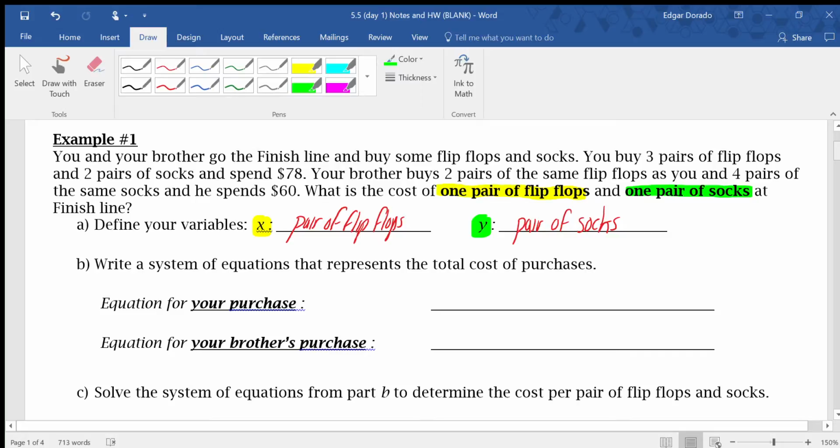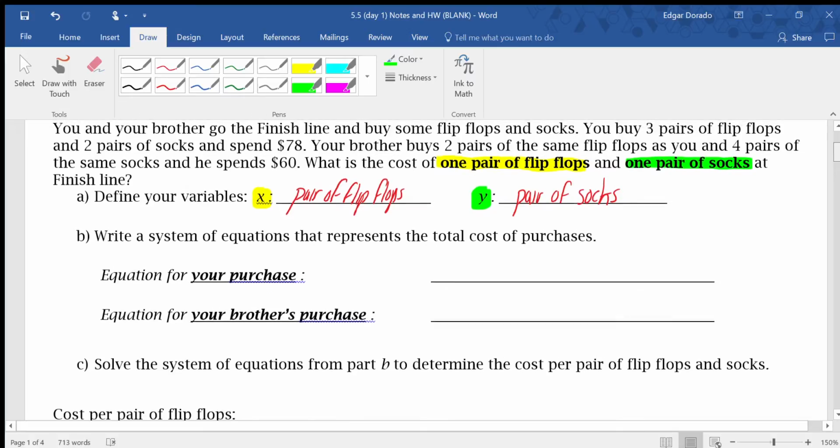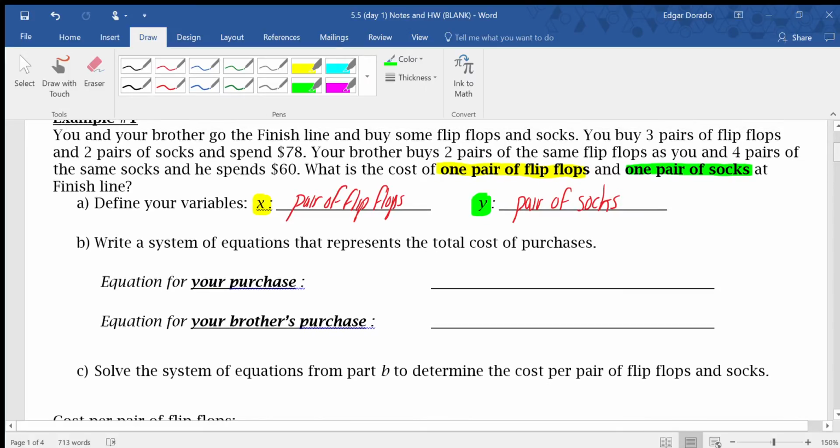But now we want to go a step further and talk about an equation. We need to set up a system of equations to represent this entire scenario. The first thing being asked is to write an equation for your purchase. Let's reread the problem and look at my purchase. It says you buy 3 pairs of flip-flops and 2 pairs of socks and spend $78.